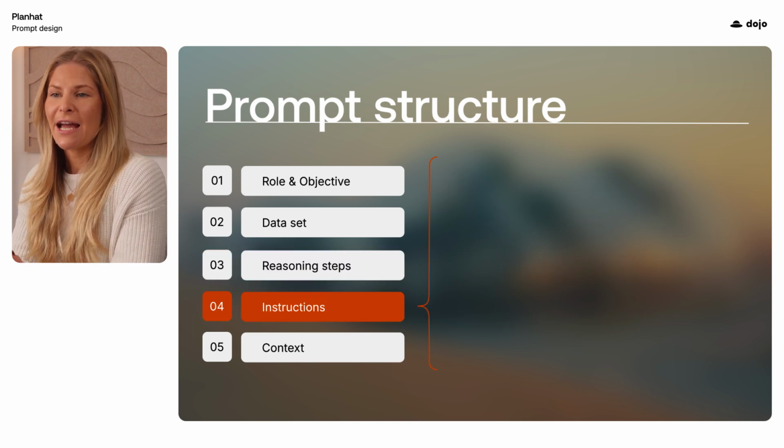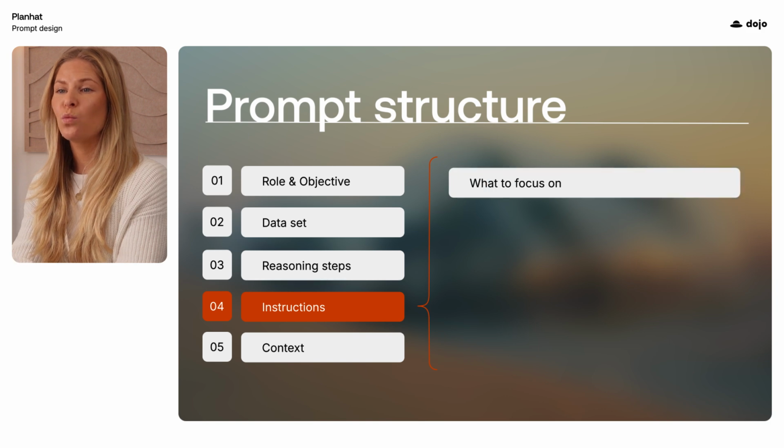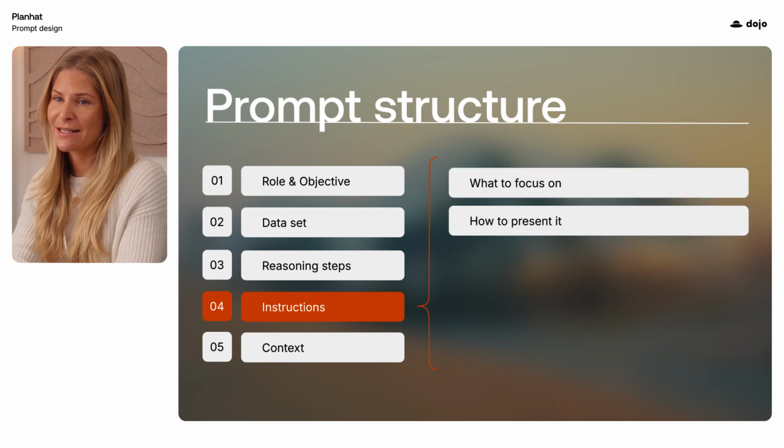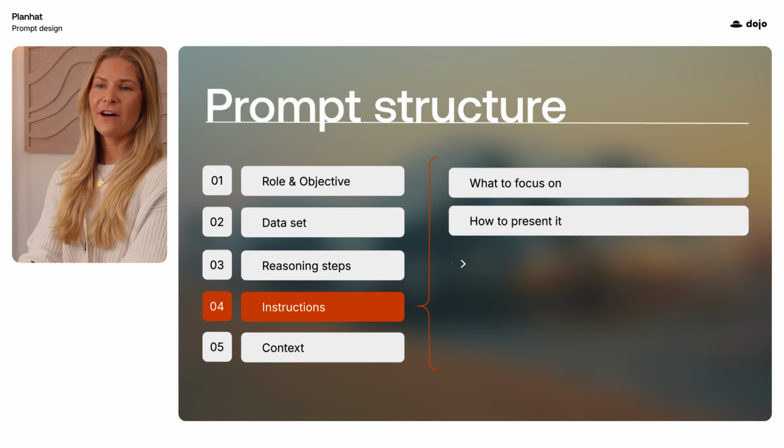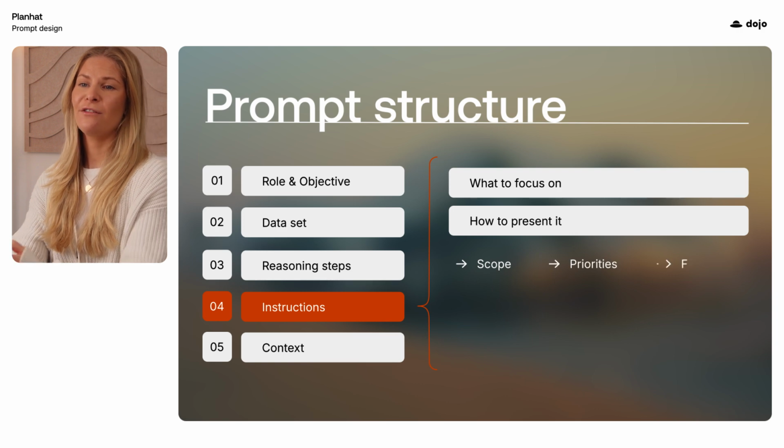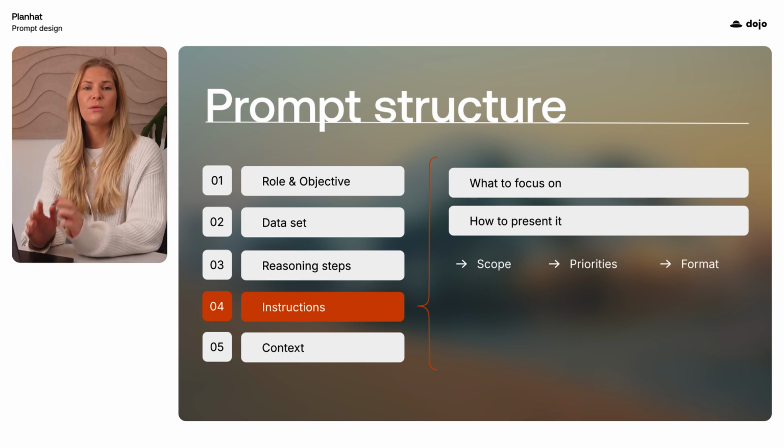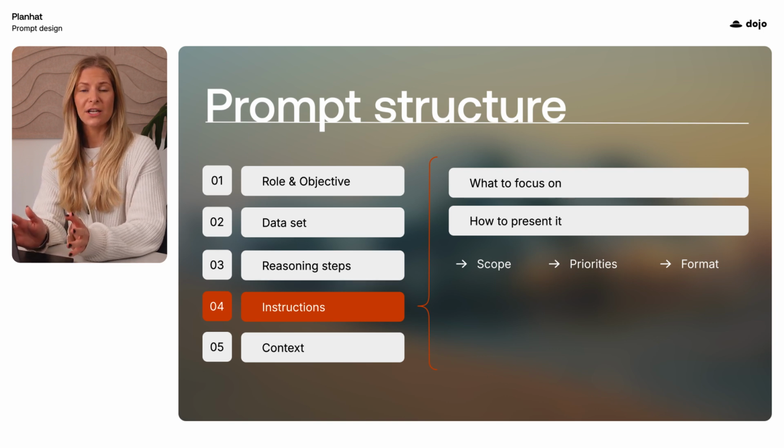Next up, you want to give it instructions. Once you've guided the AI how to think, you need to tell it what to focus on and how to present it. Instructions define scope, priorities, and format of the output. The more concrete and detailed these are, the better results. You can also use the JSON output option if that's how you want to structure it.